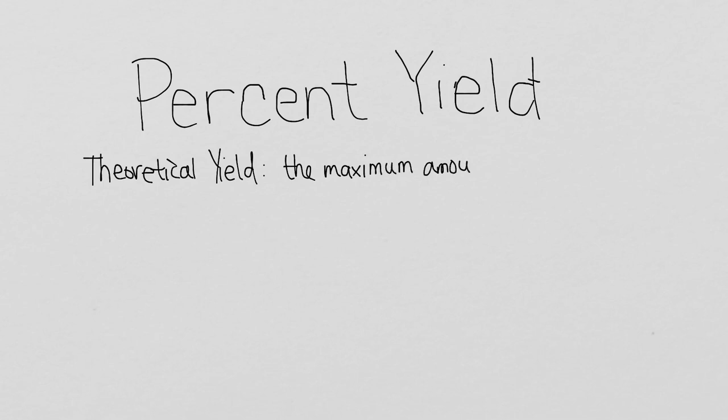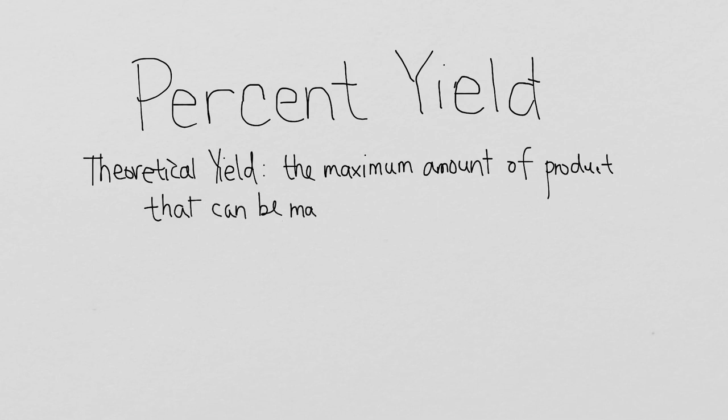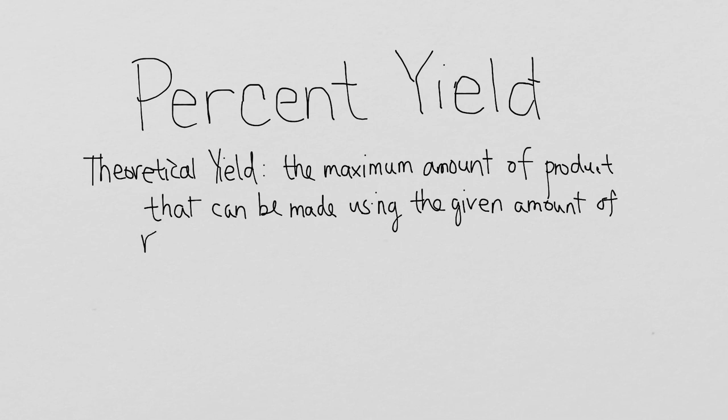An amount could be measured in moles or in grams, so mass, moles, or actual number of particles of product that can be made using the given amount of reactants. And that is the maximum.